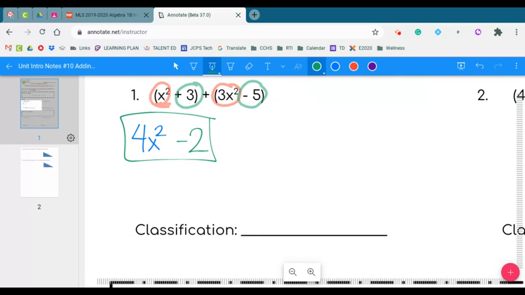Now this one, whenever we go down to classification, we're going to think of how many terms. So I have 2 terms. So this will be classified as a binomial.